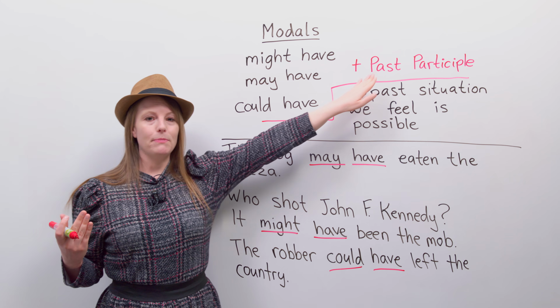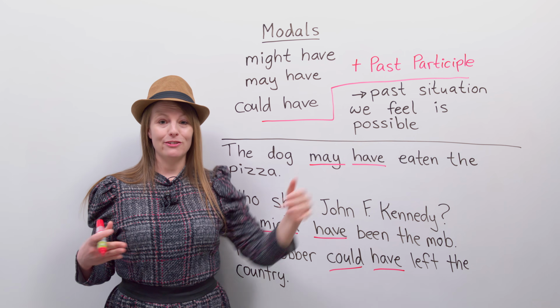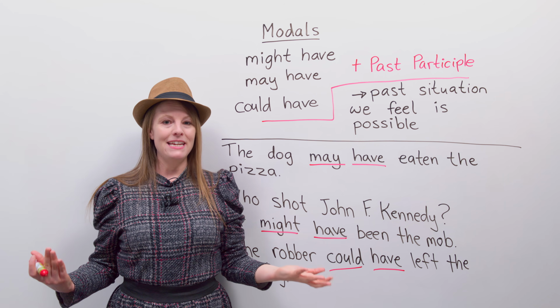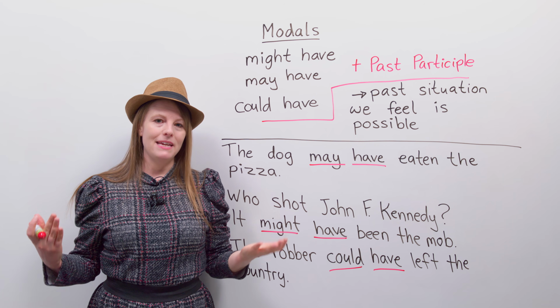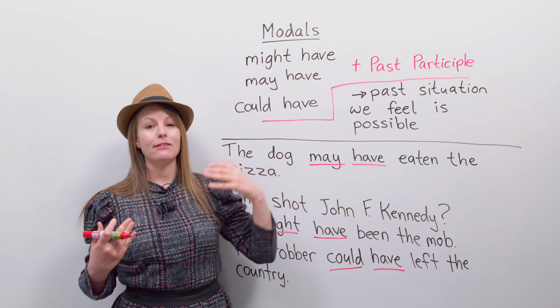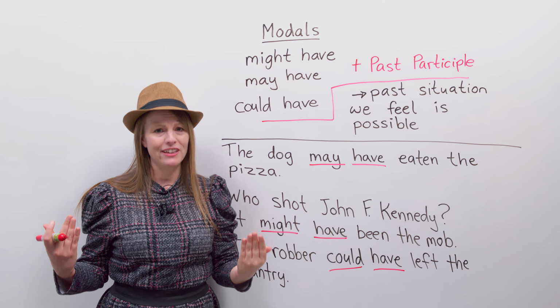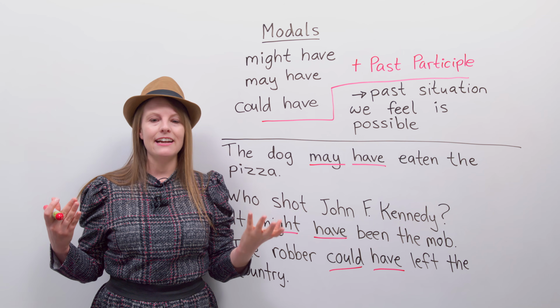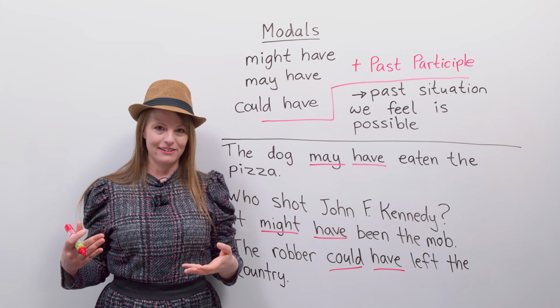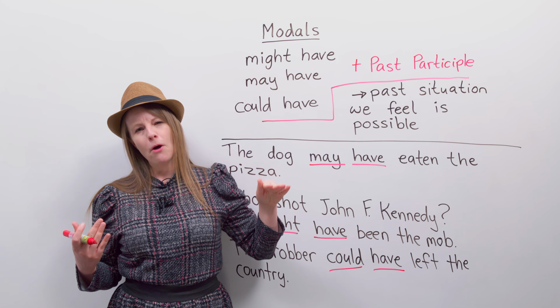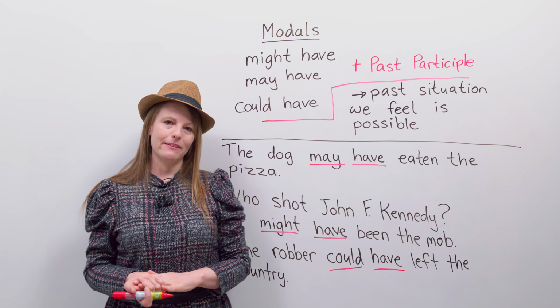All of these will then be followed by a past participle, which I'll show you. But what all of these mean, they have the same meaning. They all mean that we are talking about the past and we are talking about a situation in the past we think maybe happened. We're not 100% sure. We think, it's possible. So let's look at some examples.